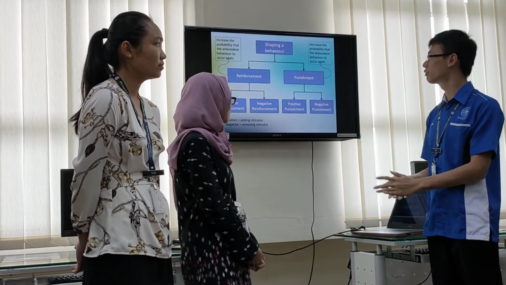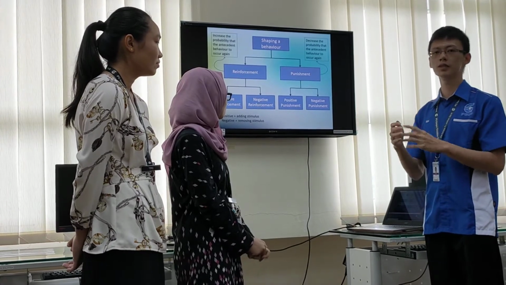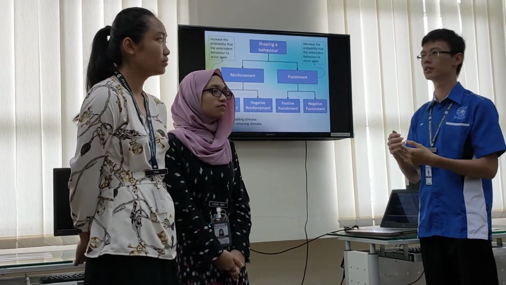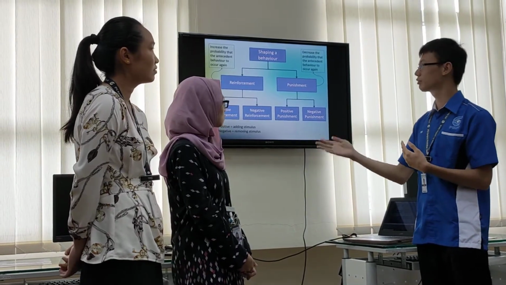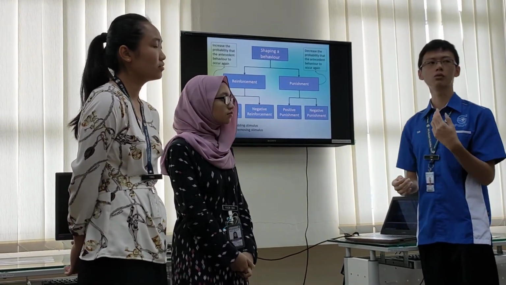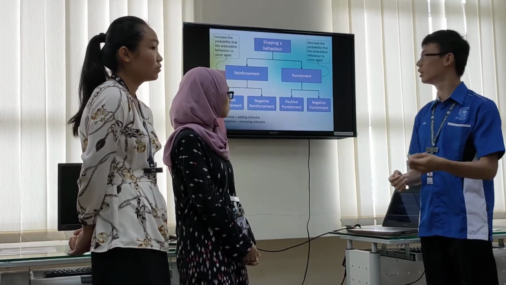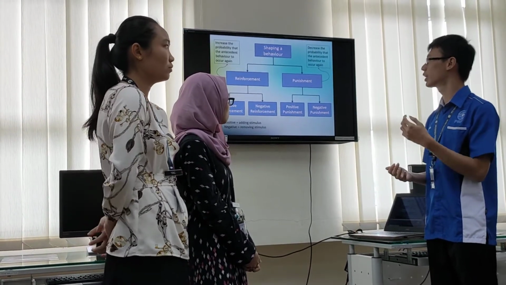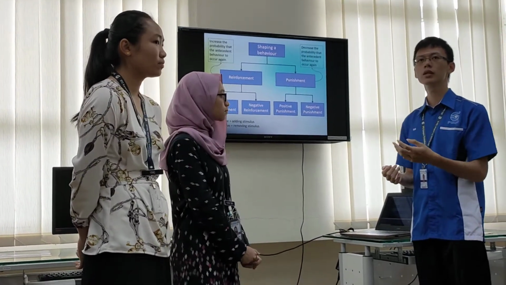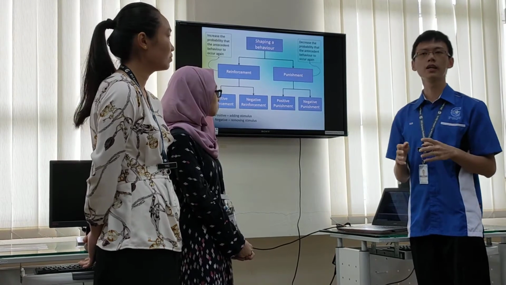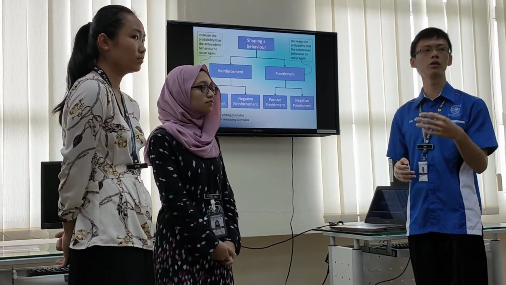Both reinforcement and punishment can be divided into positive and negative. Positive is that we add a stimulus, negative is we remove a stimulus. The example of positive reinforcement is if someone gives a good correct answer, then we give him a reward. A negative reinforcement is like the teacher telling the student that if you can answer this correctly, then you can escape from the quiz.